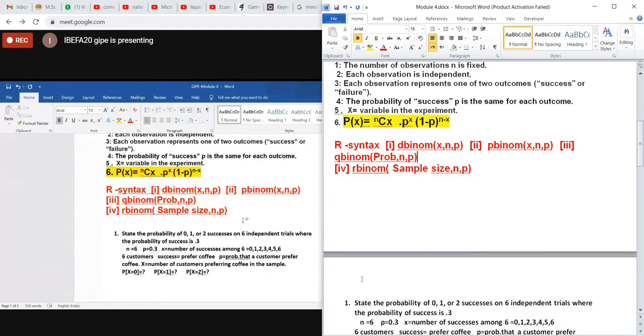any doubt? Sir, I have a doubt. Sir, in this question, the number of trials could be 7 now because 0 is also added. 0, 1, 2, 3, 4, 5 and 6. You didn't understand the question at all.